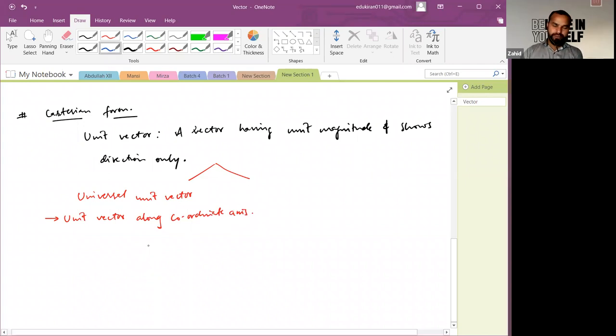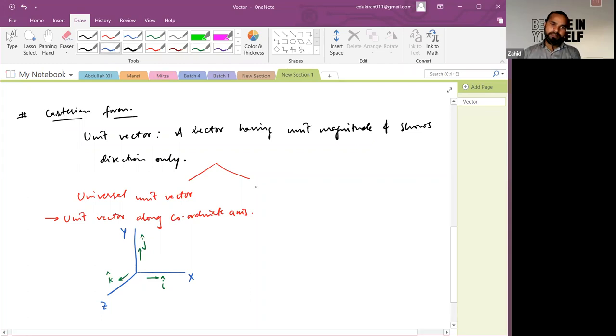Let's say we have three coordinate axes: x-axis, y-axis, and z-axis. To define direction along the x-axis, we use i cap. Similarly, along the y-axis it will be j cap, and along the z-axis it will be k cap. So cap is a representation of any unit vector.